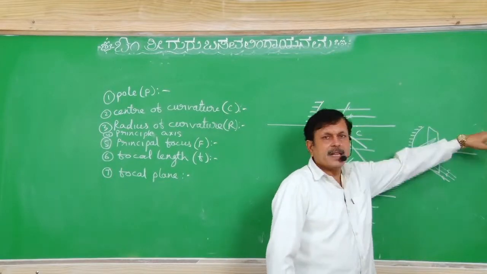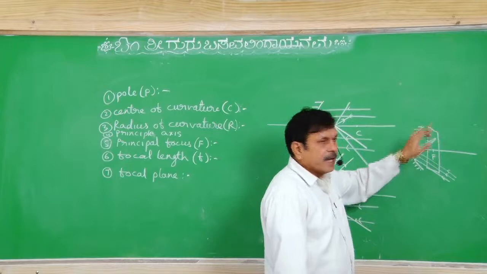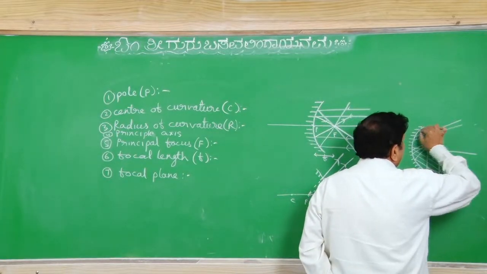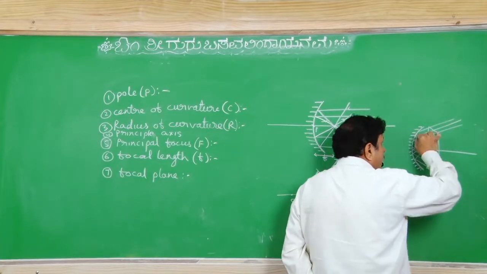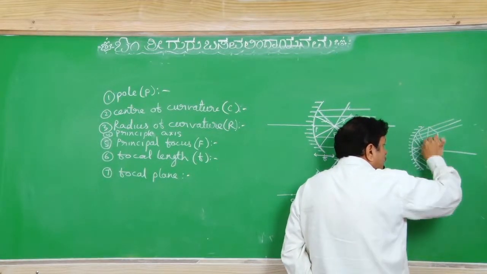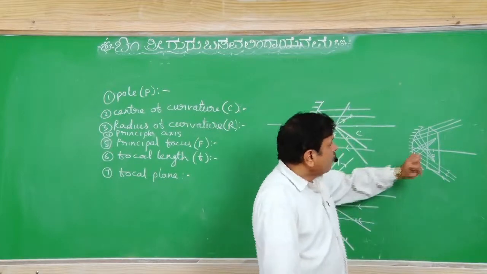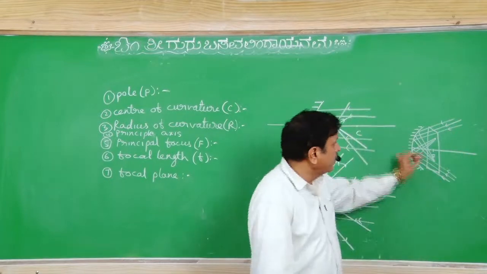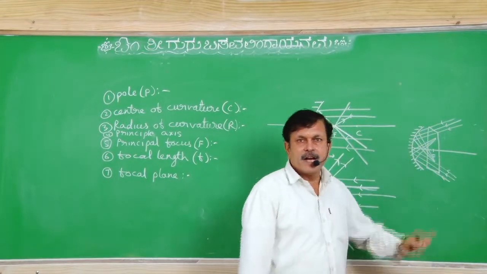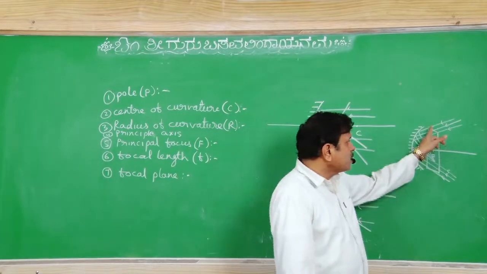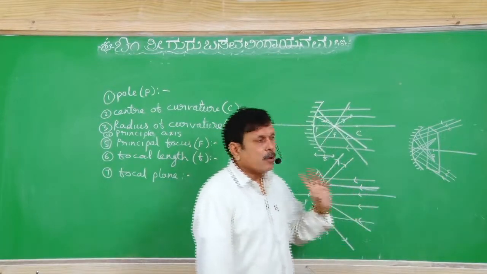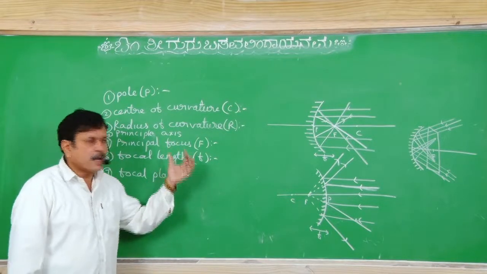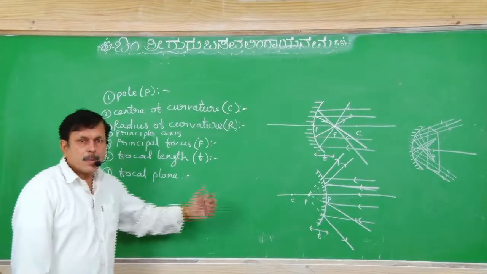If we take rays of light parallel in this other manner, then they will meet at some other point on the same plane. So for all types of parallel rays which are not parallel to the principal axis, there will be a point on this plane where they will be meeting. That is why this plane is called the plane containing different focuses, that's why it is called the focal plane.